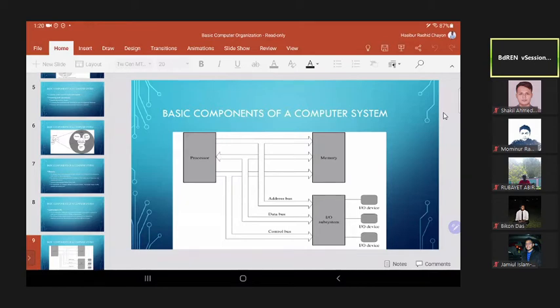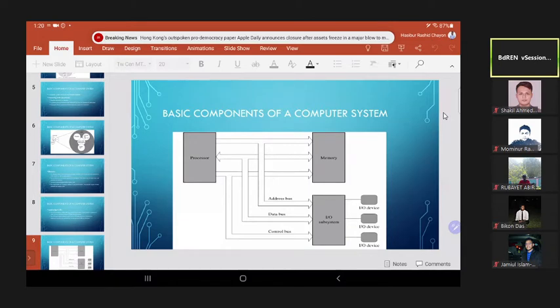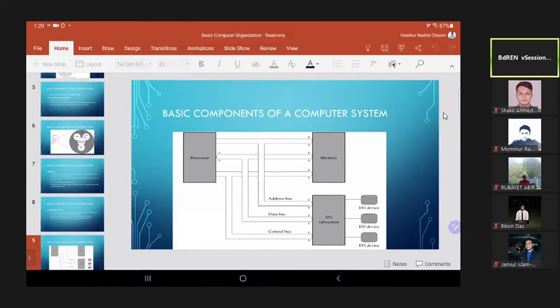And I have said that the size of the address bus, that means the width of the address bus, can be used to easily calculate the maximum size of the memory, right?